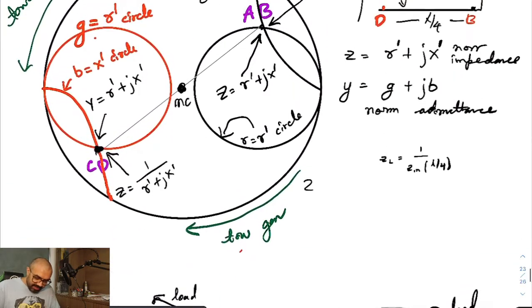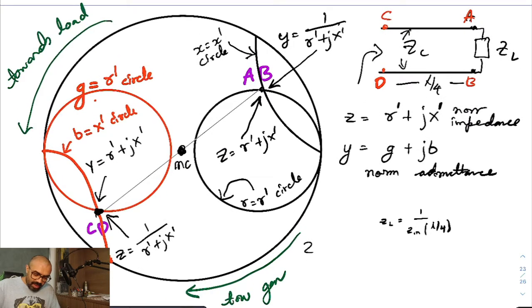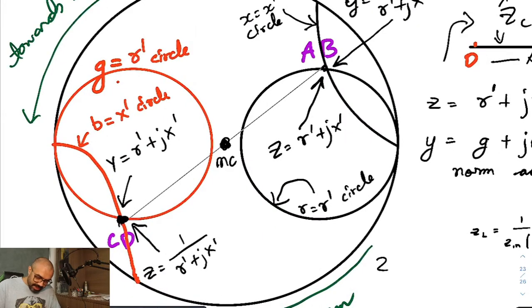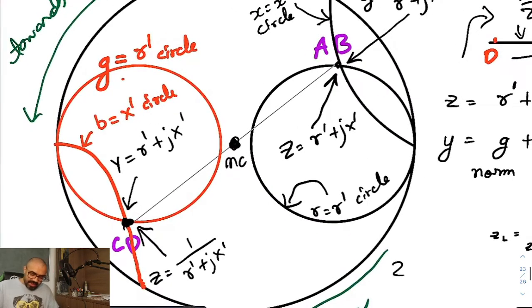Or equivalently, what we can say is that the input admittance measured at the end of a lambda by 4 transformer is the same as the impedance of the load. So this construction allows you to see this. If I consider the r equal to r dash circle, and if we consider points that are diametrically opposite.